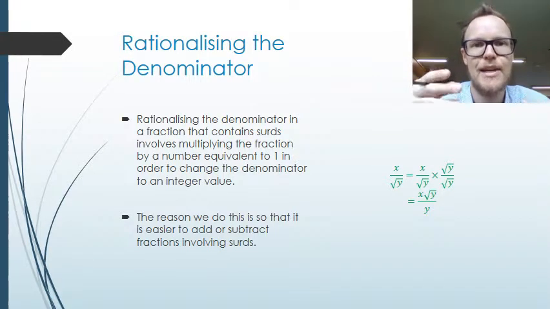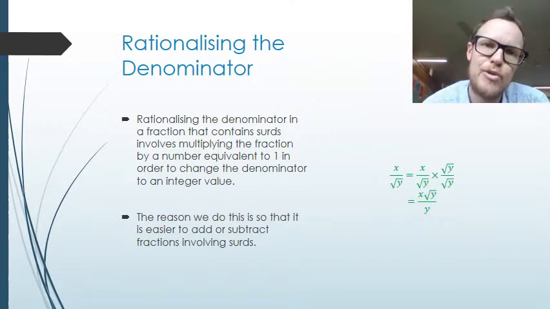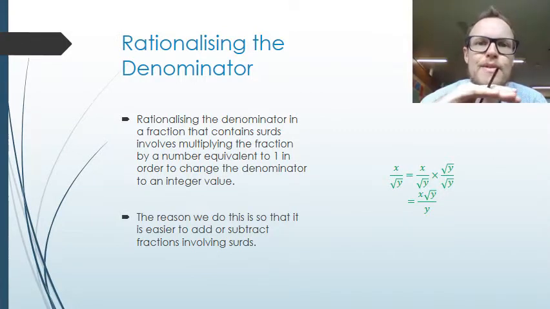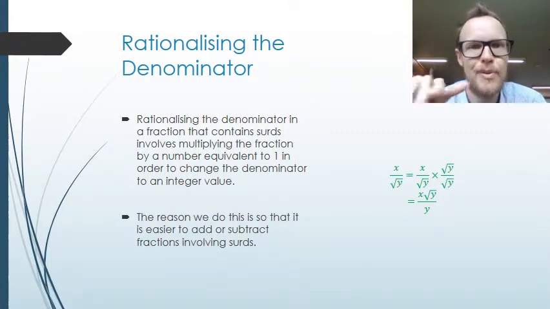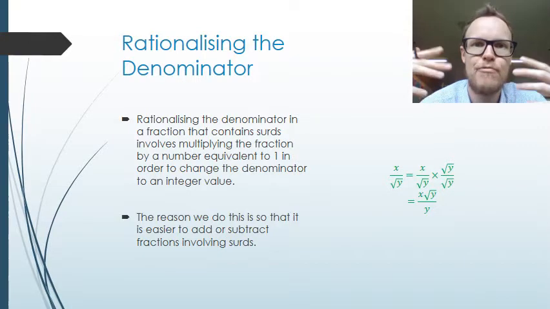So we're going to end up with a number or an expression that doesn't have any square roots on the bottom. And the way we're going to do this is we're going to multiply by a fraction equivalent to 1, multiplying by the surd that's on the denominator to create a rational number.